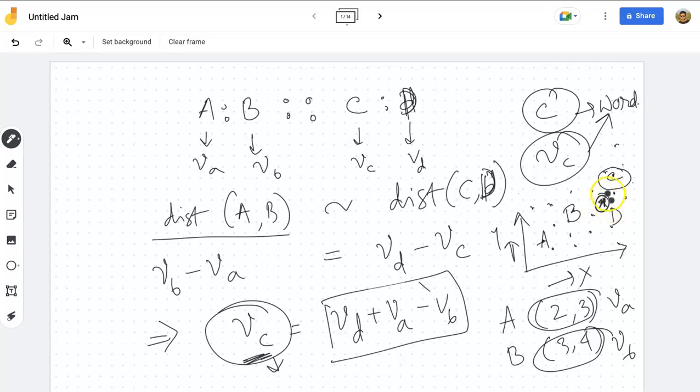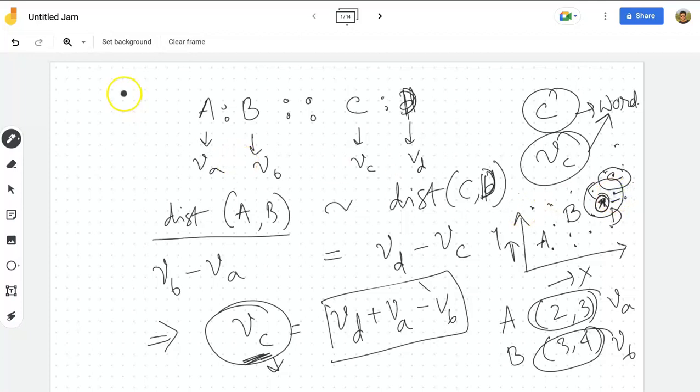If we know the points here, then we can find the nearest points. Suppose we do a kind of Euclidean distance from this point to all the other points, and if there is a word corresponding to this point, that will be C.